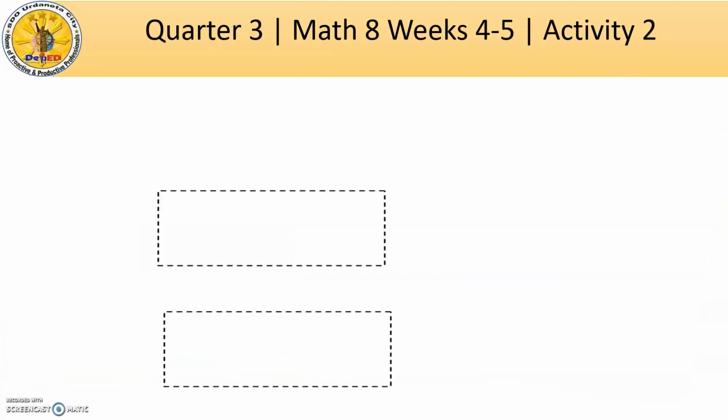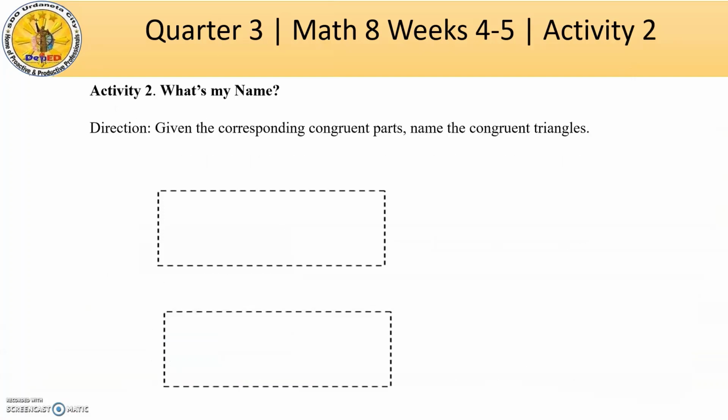Okay. For the next activity, entitled What's My Name? You are given the corresponding parts and you have to name the two congruent triangles. Since the corresponding parts are already given, it will be easier to name the two triangles formed by drawing.